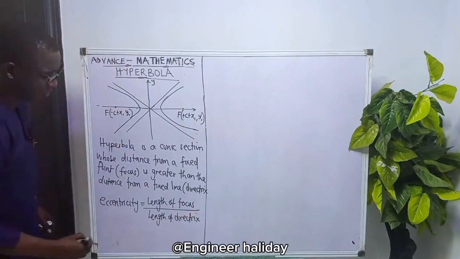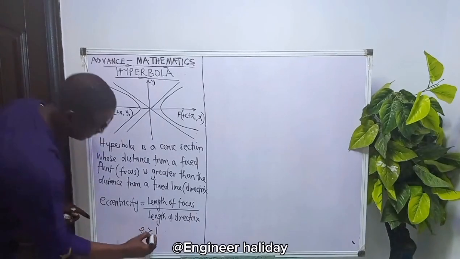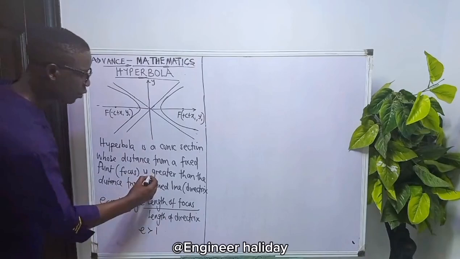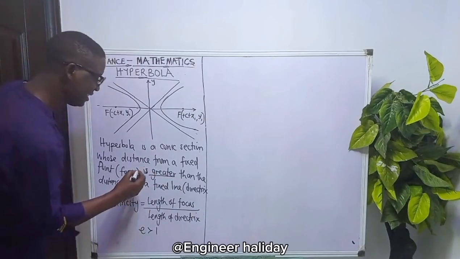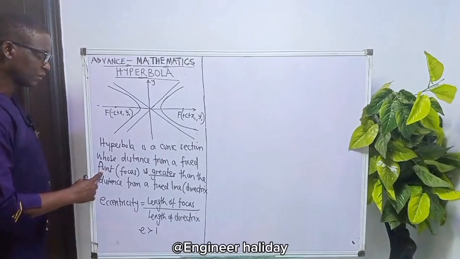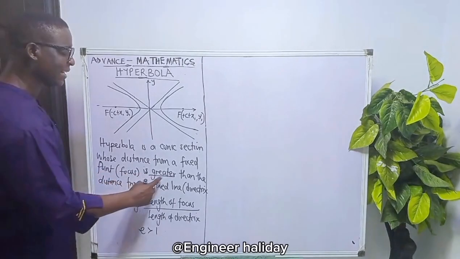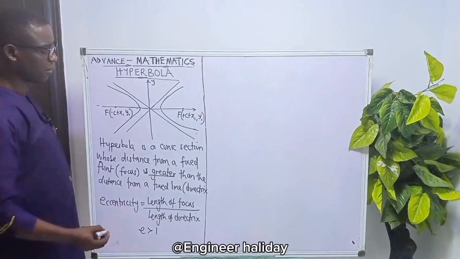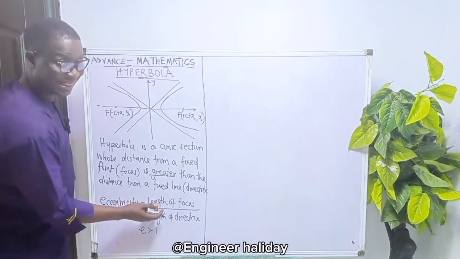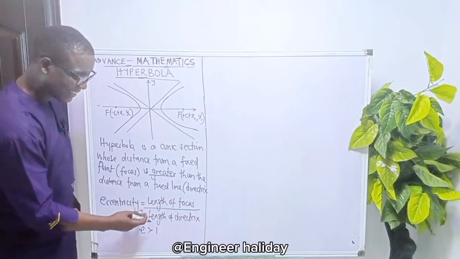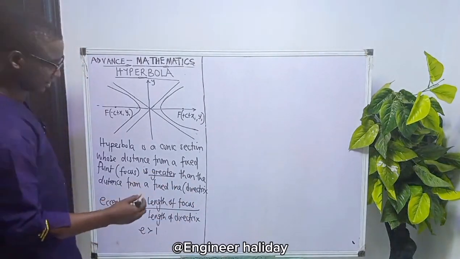But in this case, the eccentricity is greater than 1. Why? Because the distance from a fixed point is greater than the distance from a fixed line. In other words, the length of focus is greater than the length of directrix.